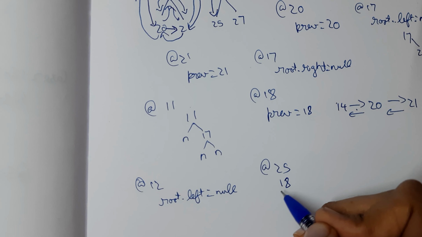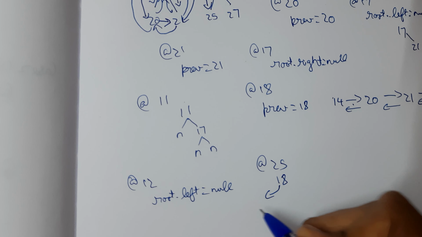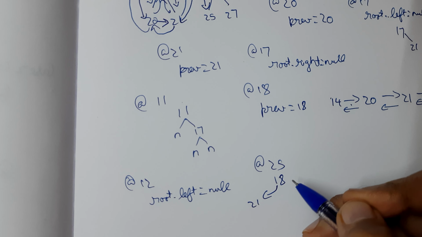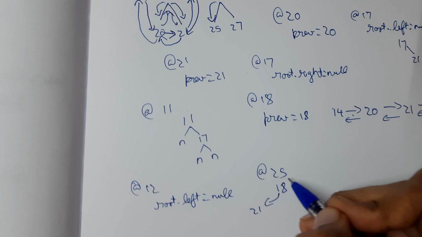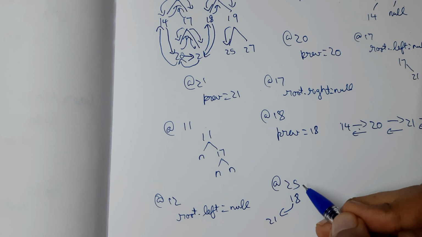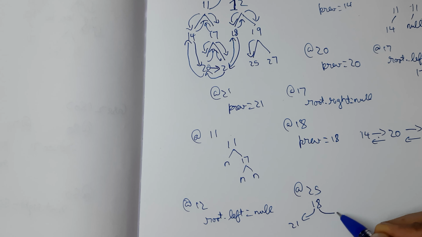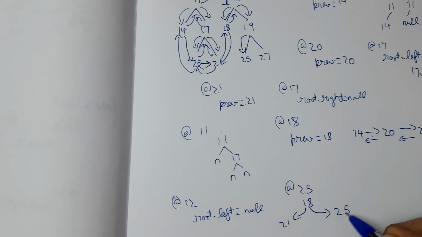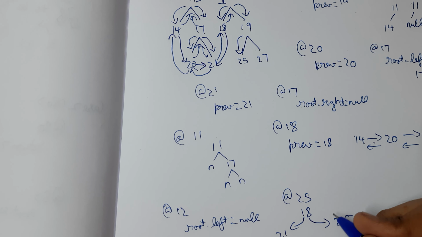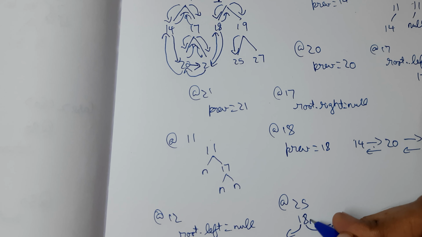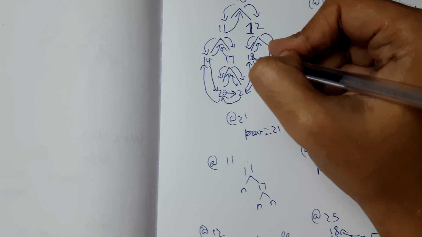The left pointer of 18 is already pointing to 21 in the doubly linked list. And what happens at 25 is, the prev dot right value, that is the right pointer of 18, will now be pointing to 25, and the left pointer of 25 will now be pointing to 18. So that is what is happening here.